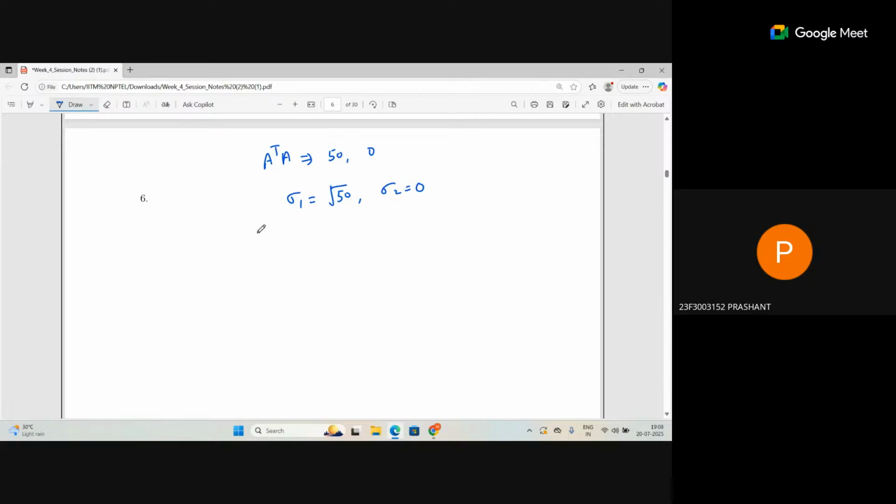Now from Gram-Schmidt theorem, what is V? It was, I think, 1/√5 and 2/√5, and here it was minus 2/√5 and 1/√5, right?